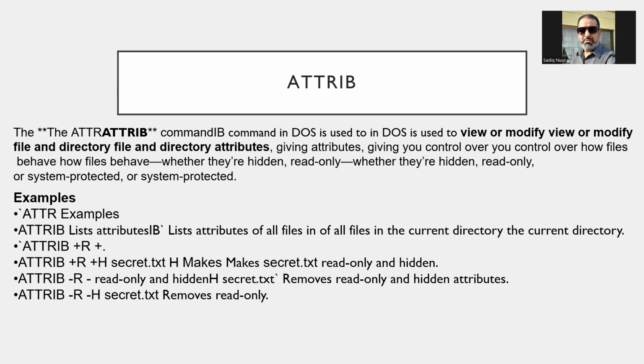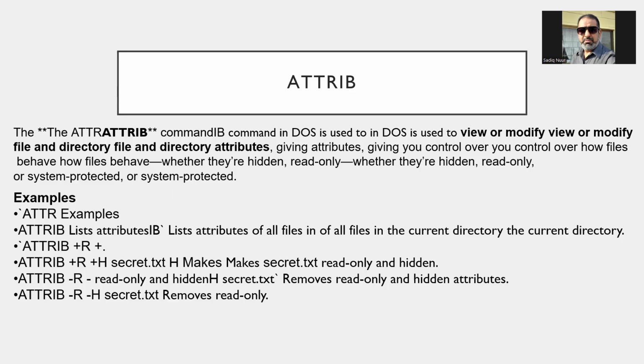The attrib command in DOS is used to view or modify file and directory attributes, giving you control over how the file behaves and how the file will work in here.